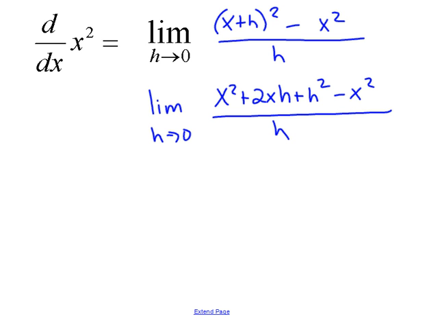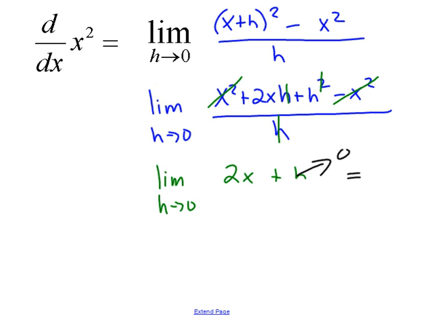Then we start canceling things off, so you can see the x squareds cancel off, and an h comes out of everything. So I have the limit as h goes to 0 of 2x plus h. As h goes to 0, that goes off to 0, and therefore our derivative of x squared is simply 2x.